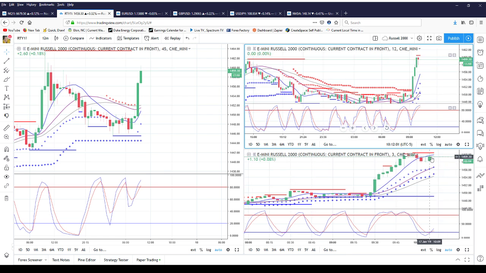You really don't want it to close above that fast moving average. You want it to hold, but in order for it to hold, then you need a bearish bar.